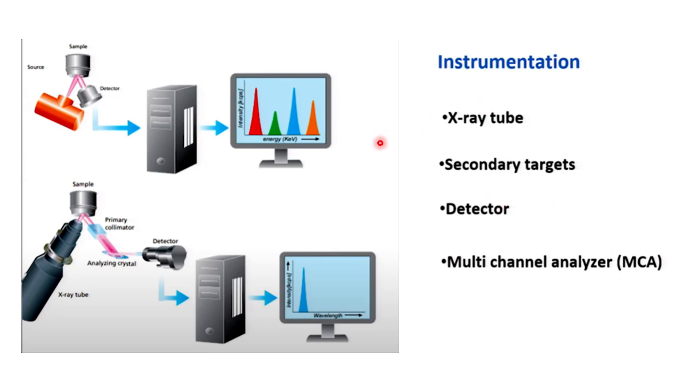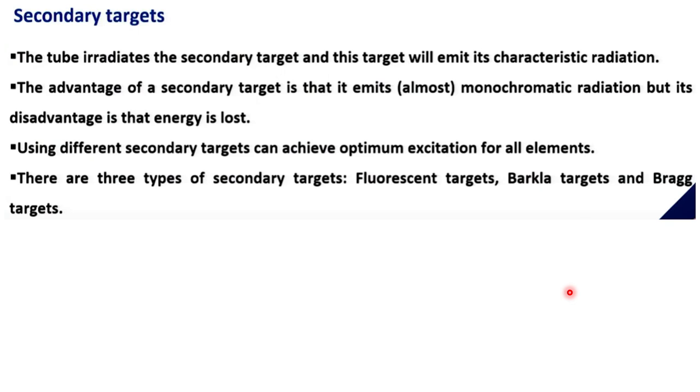So this is the anatomy of the XRF. You need an X-ray tube, a secondary target, a detector, and a multi-channel analyzer. The tube irradiates the secondary target, and this target will emit its characteristic radiation. The advantage of a secondary target is that it emits almost monochromatic radiation, but its disadvantage is that, whenever there is a secondary target, there must be some loss of energy.